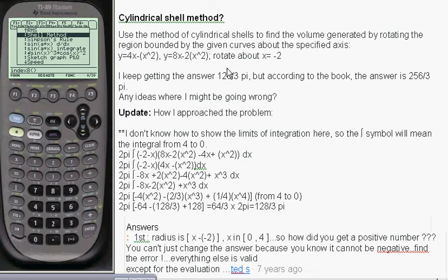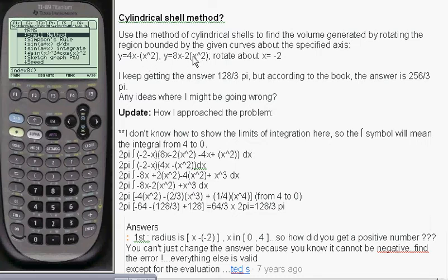I will explain. Well, I don't know myself, to tell you the truth, how you determine. If they just gave you these functions, I would be choosing the washer method, simply because they got two functions here.